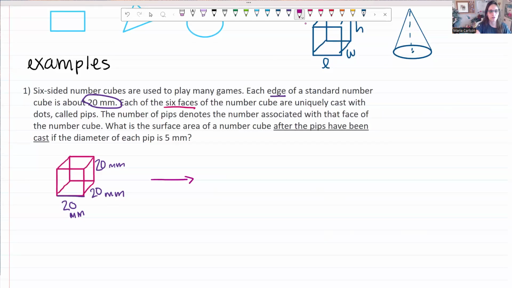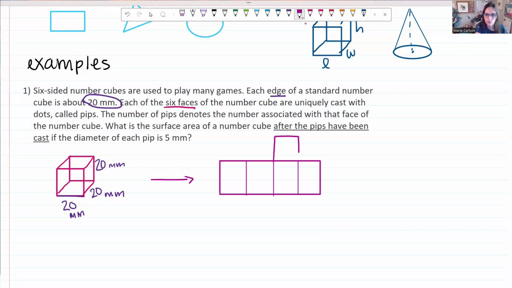If I think about laying all of the faces of a cube flat, there are 6 of them in total. And like I've done before, I oftentimes like to draw a rectangle, divide it up into 4, and then I draw one face here, and another face on the opposite side here.